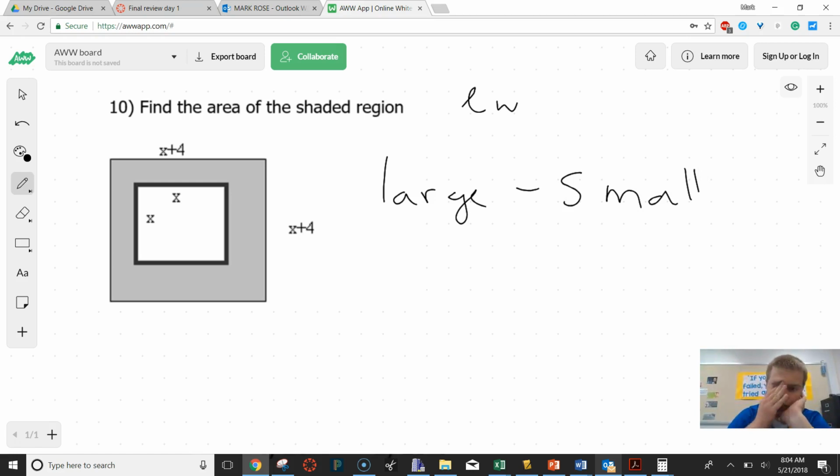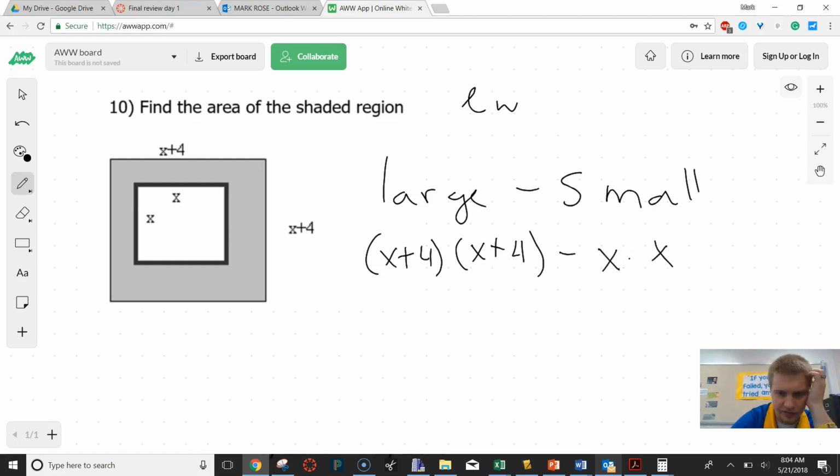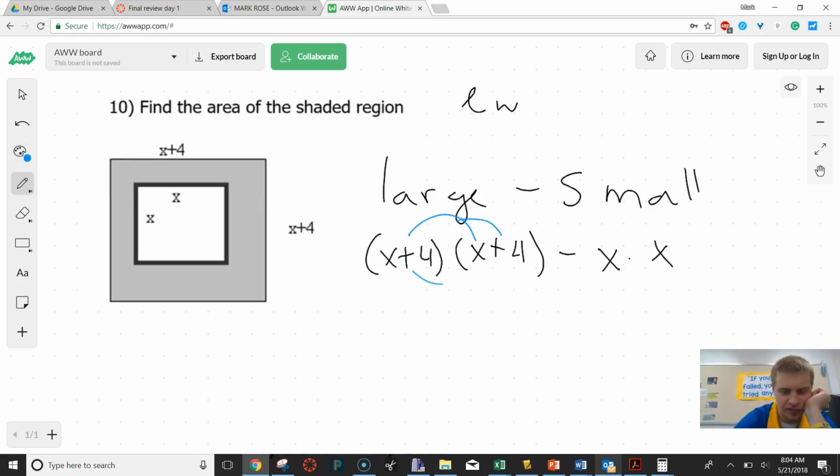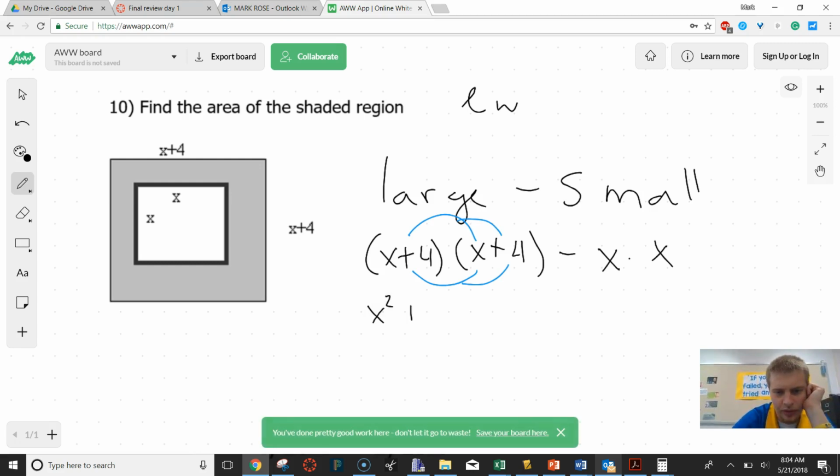The large square area is x plus 4 times x plus 4, and the small square is x times x. If I multiply this out, or FOIL this out, I get x squared plus 4x plus 4x plus 16, minus x times x, which gives x squared.